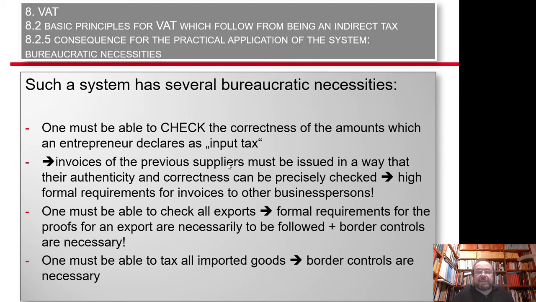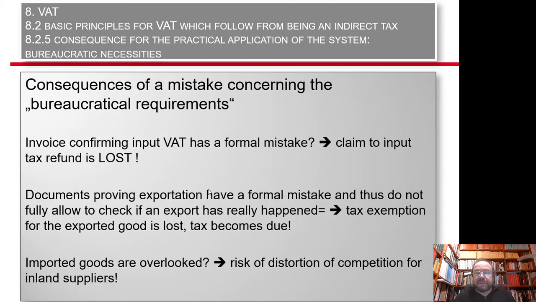So you must be able to check these transactions. So you need confirmations from the previous suppliers that they really charged VAT and paid it over to the fiscal office. For this, you need an invoice which shows the net price plus the VAT. And just to repeat that, you also have to check exports and imports.